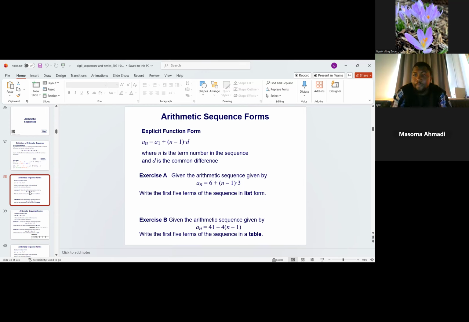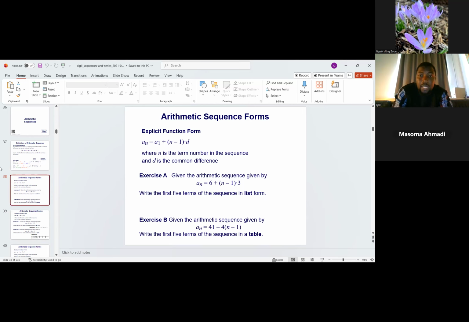For example, if you are finding the 10th term of a sequence, in that case, n becomes 10. If we are finding the third term of a sequence, in that case, n becomes 3. So n refers to the number of terms in the sequence, and d refers to the common difference. So a stands for the first term.